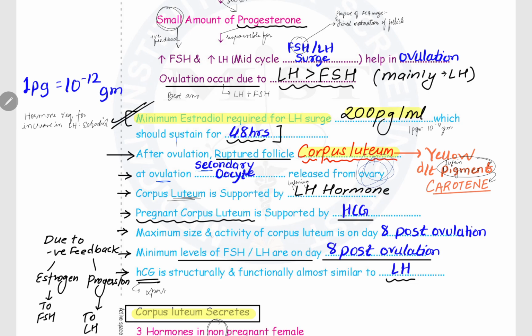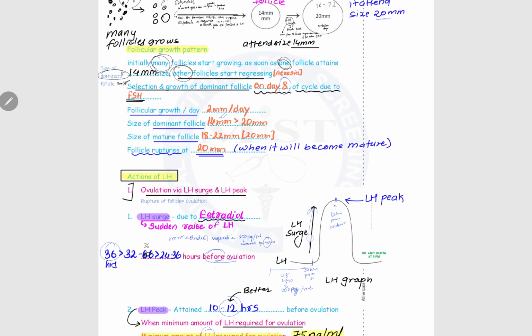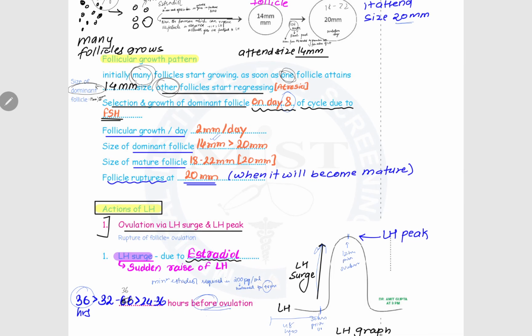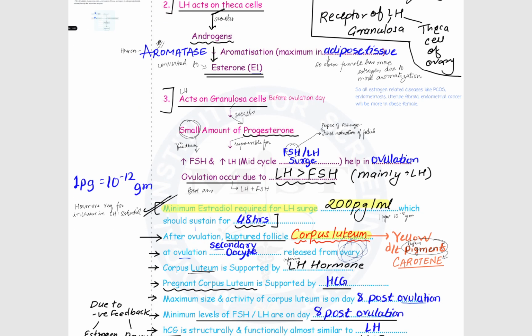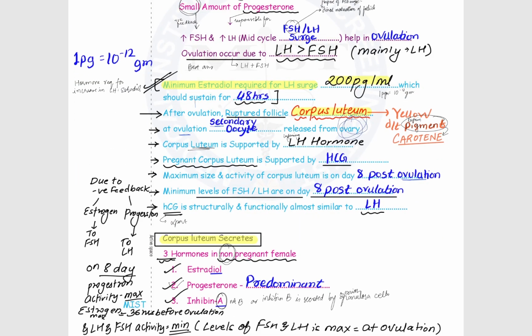Then we have the maximum size and activity of corpus luteum on day 8 post ovulation. And if you remember, the selection and growth of dominant follicle is also on day 8 of the cycle, and that is post ovulation. So that becomes almost day 22 if there is a 28-day cycle. And the minimum levels of FSH and LH are on day 8 post ovulation.